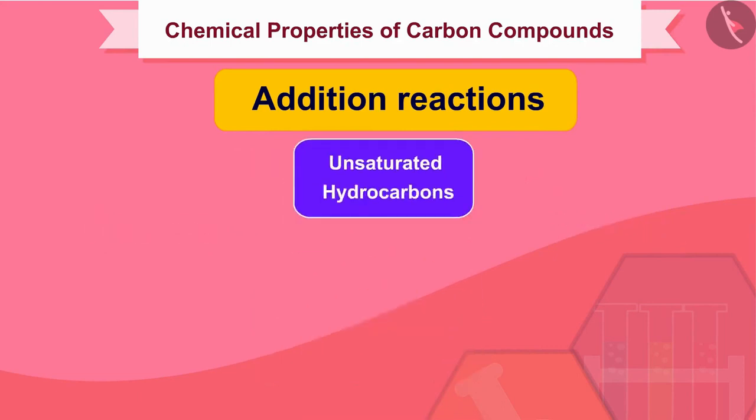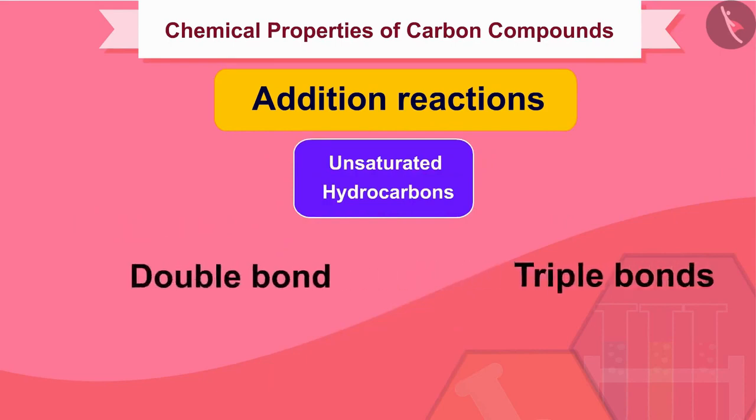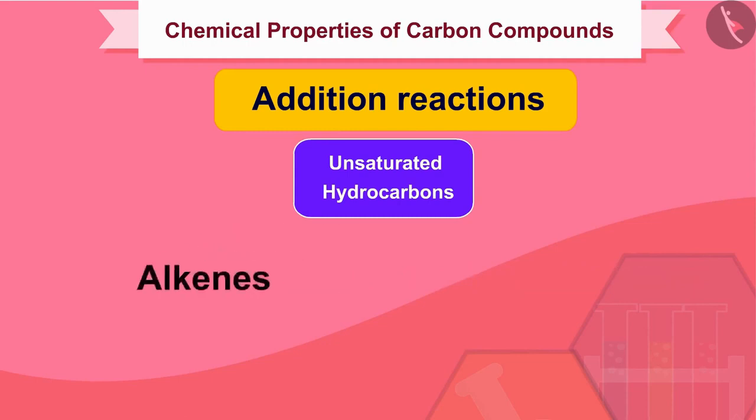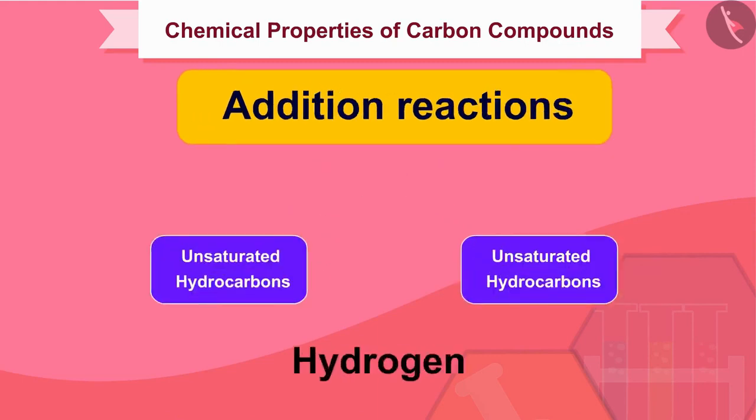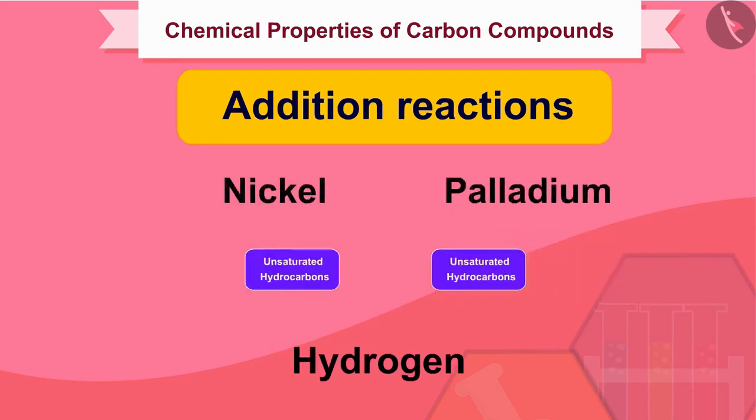Addition reactions are given by all unsaturated hydrocarbons having double or triple bonds, that is, alkenes and alkynes respectively. Unsaturated hydrocarbons add hydrogen in the presence of catalysts such as nickel or palladium.